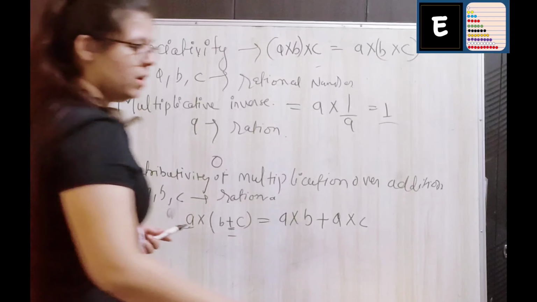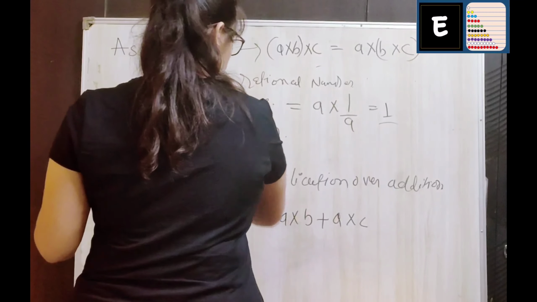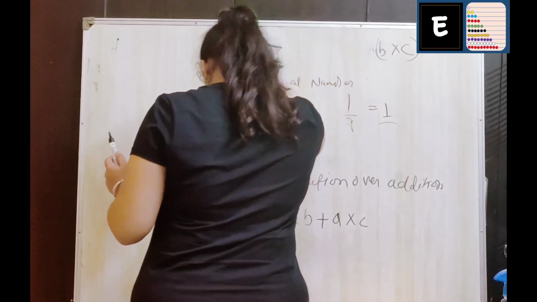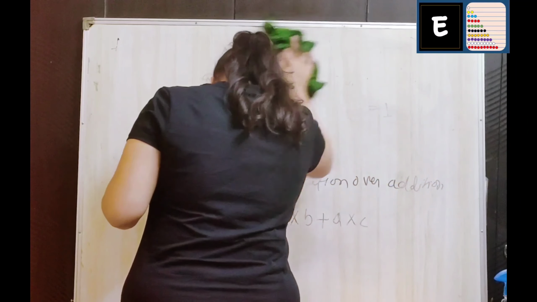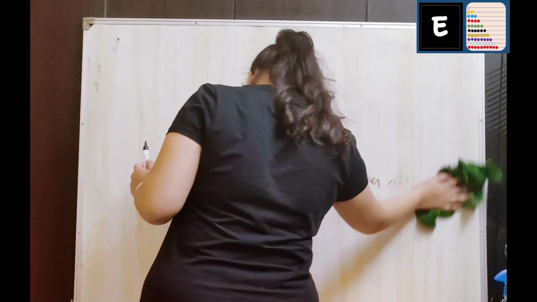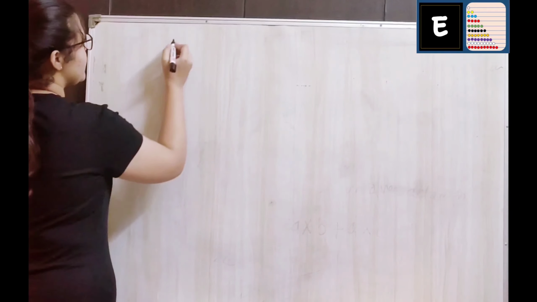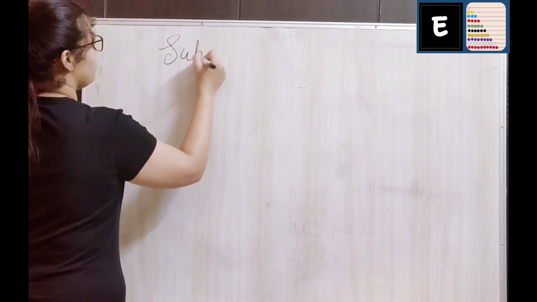Now we have properties for subtraction. We will see some properties of rational numbers for subtraction.